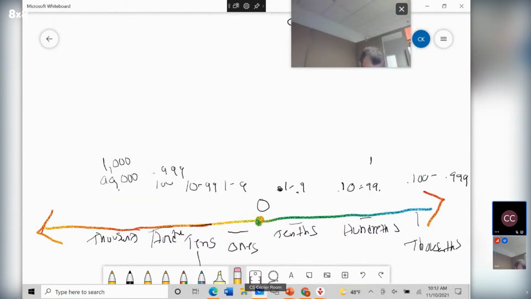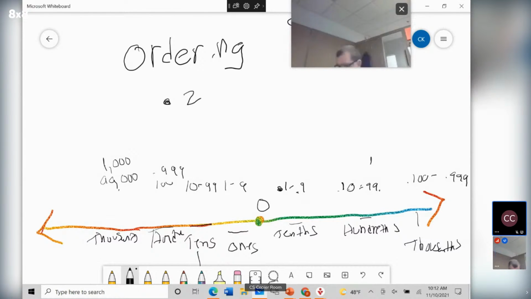We'll start with 2. So it's called ordering. So if you have 0.2, 0.4, and 0.6, it's going to ask you to put those from the smallest to the largest. Okay.